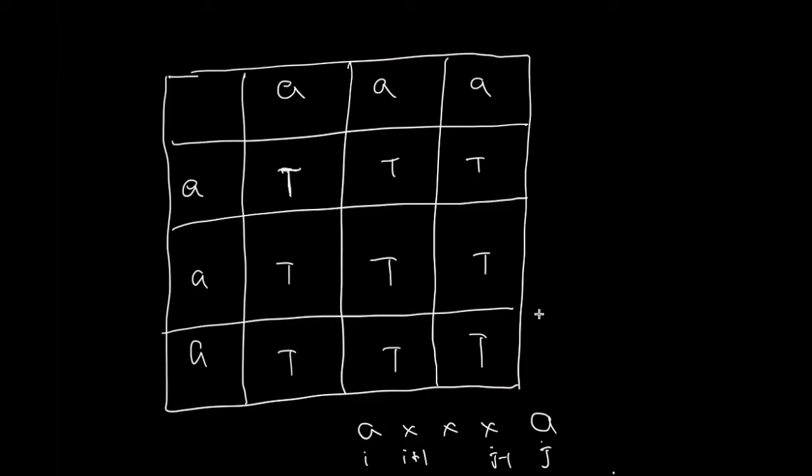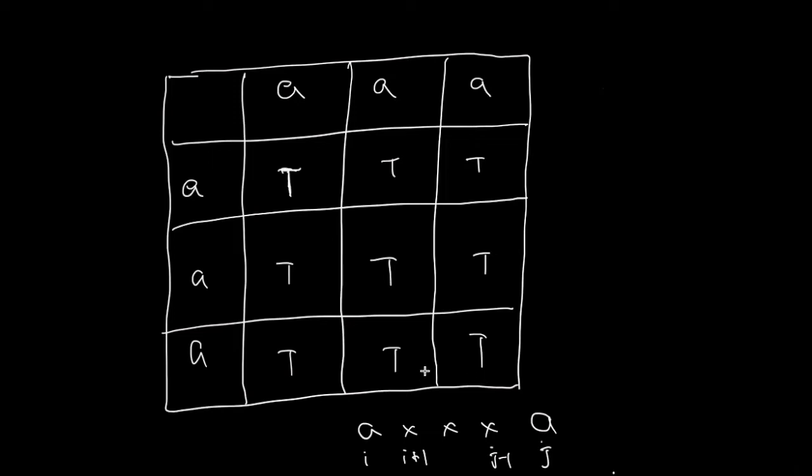And then we go from the bottom to the top, checking the right top corner from the diagonal. For example, here we have A and A, and these two are the same. Now we cannot guarantee that the substring from this index to this index is palindromic.